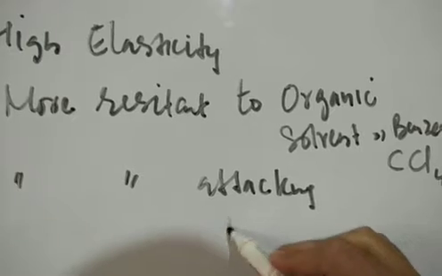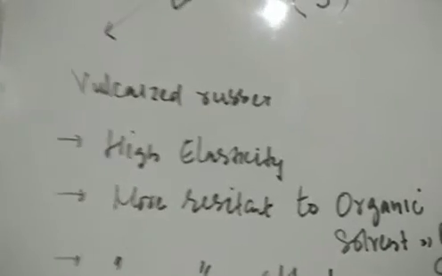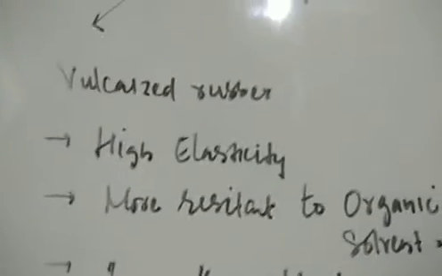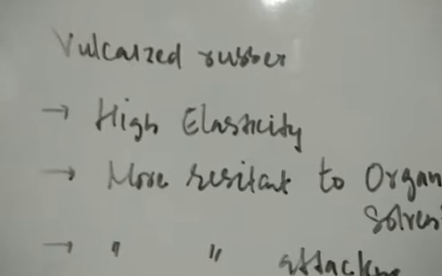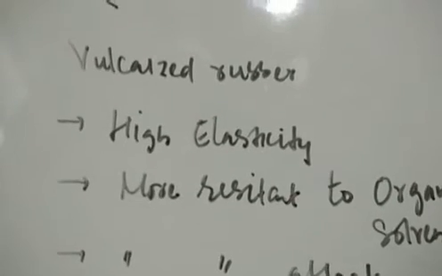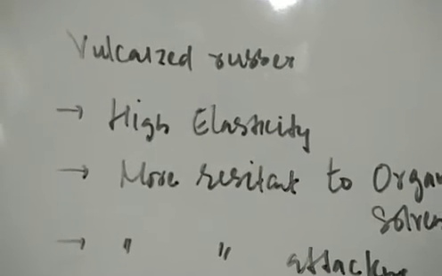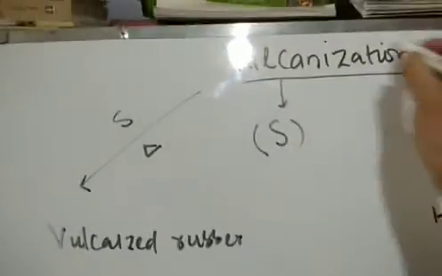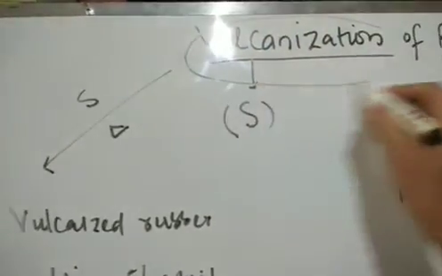Okay. So this is the basics of what vulcanization actually does. The process of heating natural or synthetic rubber with vulcanizing agents, usually sulfur, to improve its properties is called vulcanization of rubber.